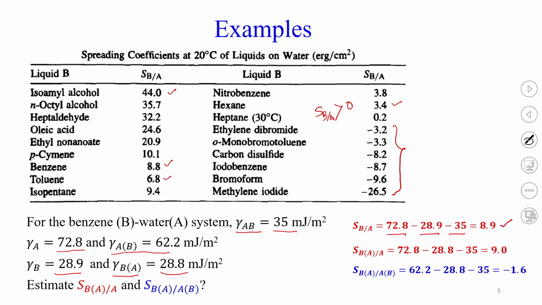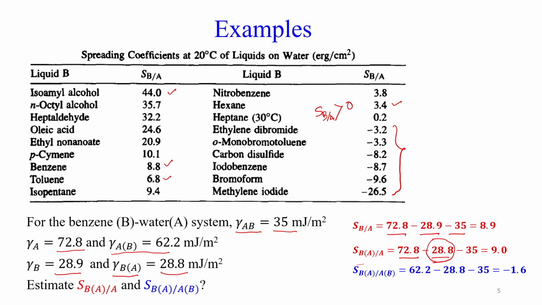Now, if we calculate S B A considering only that benzene is saturated with water, it will be the surface tension of water minus the surface tension of benzene saturated with water minus the interfacial tension, and it comes to be 9.